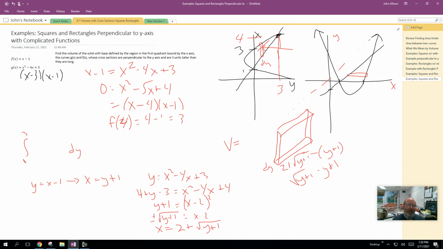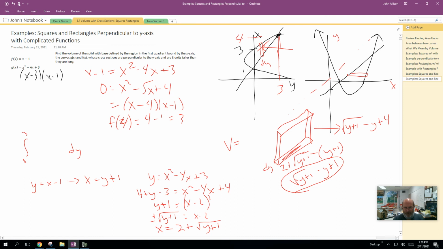And so it says that the rectangle is 3 units taller than it is long. So if this is this dimension, then this dimension is going to be 3 units taller, or the square root of y plus 1 minus y plus 4 when I add 3.